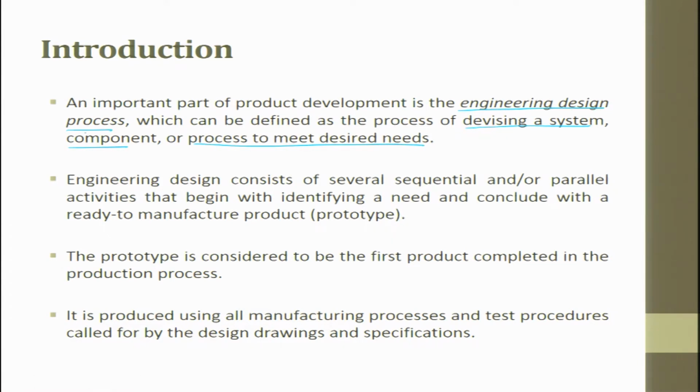Engineering design consists of several sequential or parallel activities that begin with identifying a need and conclude with a ready to manufacture product. So here it is very clear several sequential or parallel activities can be done.